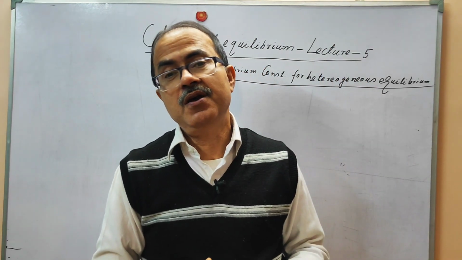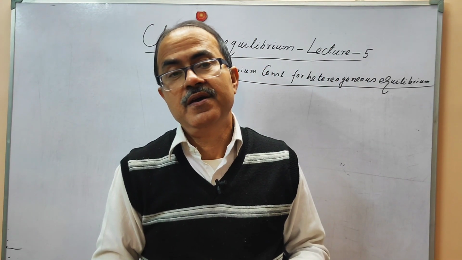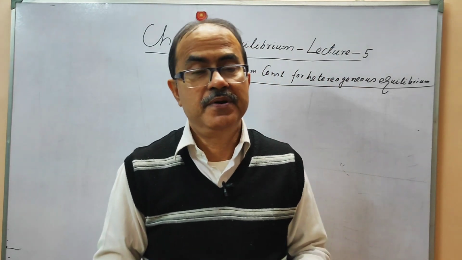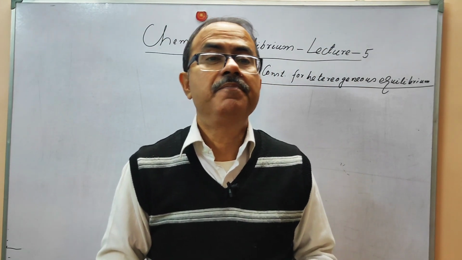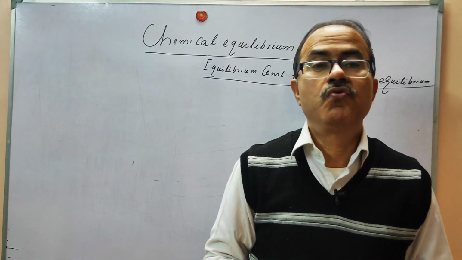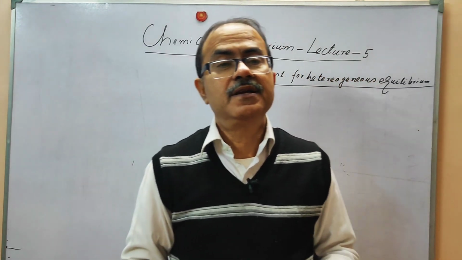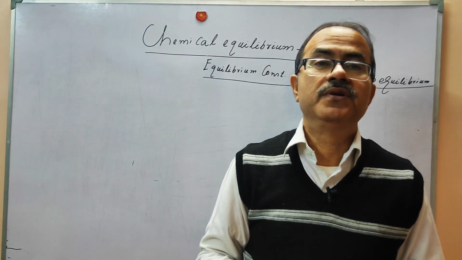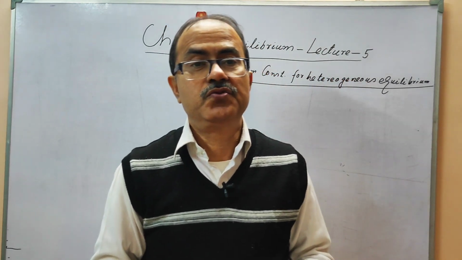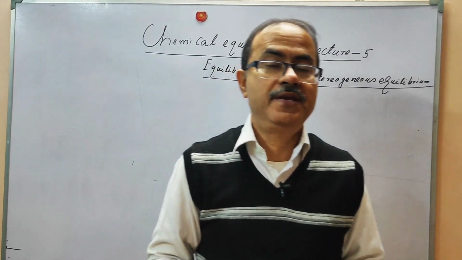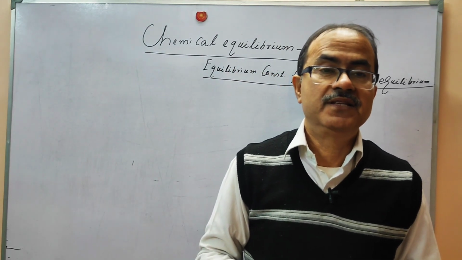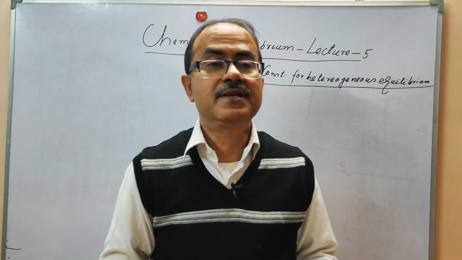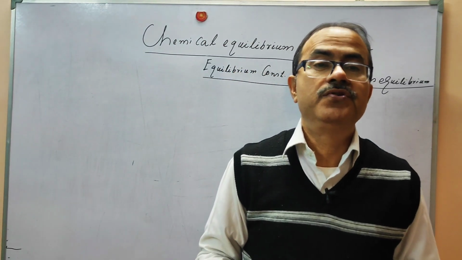The common example of heterogeneous equilibrium is the water-vapor equilibrium in a closed vessel. In that closed vessel, when the water evaporates into a vapor phase, we can observe two phases: the water molecules in the vapor phase and in the liquid phase.